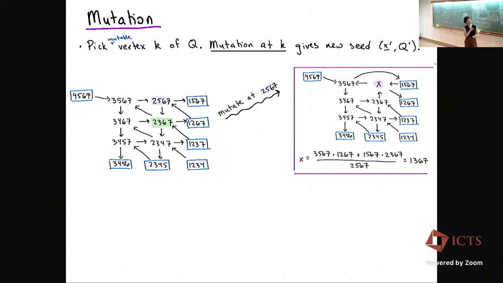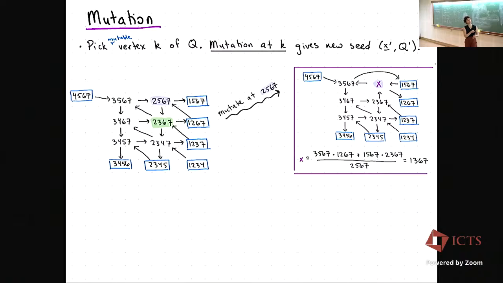The other thing that happens is that wherever I mutated, I'm going to replace that cluster variable with some new function. And that function, I just read straight off the neighborhood, the vertices around that vertex in the quiver. So in this example, I'm going to mutate at 2, 5, 6, 7 and replace it with this new variable. How do I get this new variable? Well, 2, 5, 6, 7 is always going to show up in the denominator.